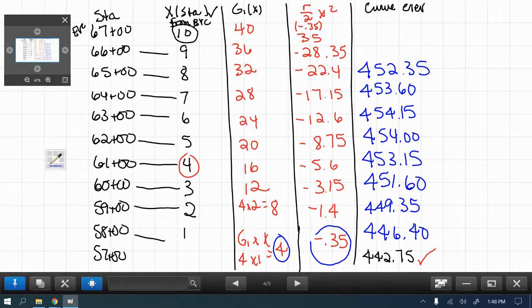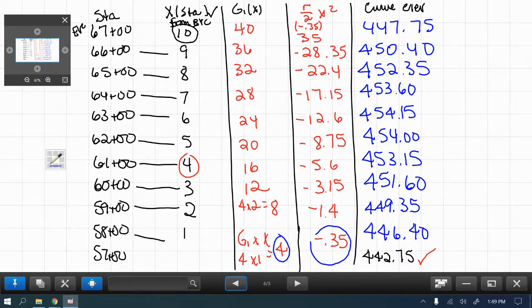Then 442.75 plus 36 and then minus 28.35 is 450.40. And the last one is 442.75 plus 40 minus 35, 447.75. Now I can do a check.